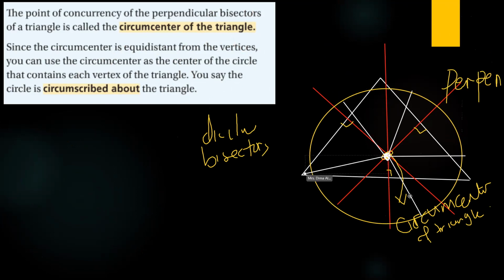These are the radii of the circle here. Let's change the color in order to understand which are the radii. Let's choose the blue one. Now the blue lines represent the radii of the circle.